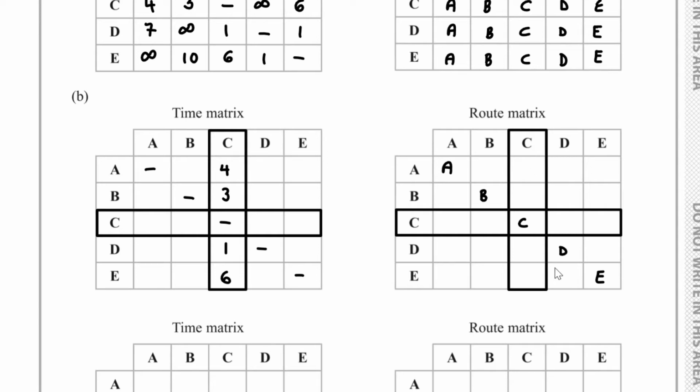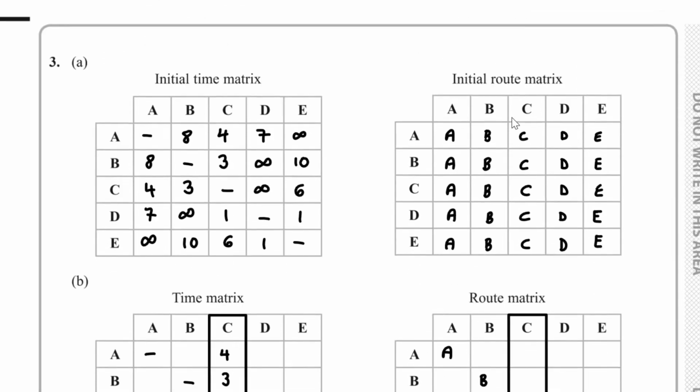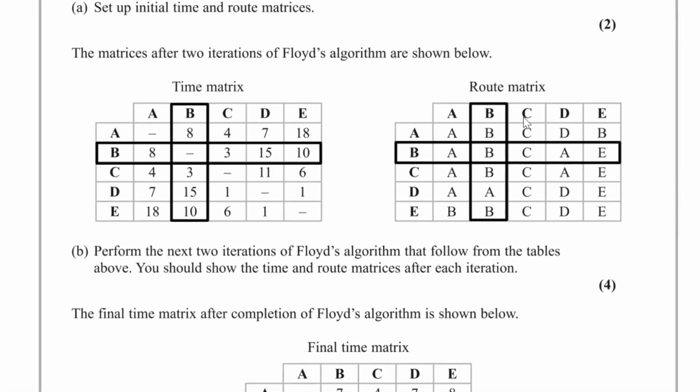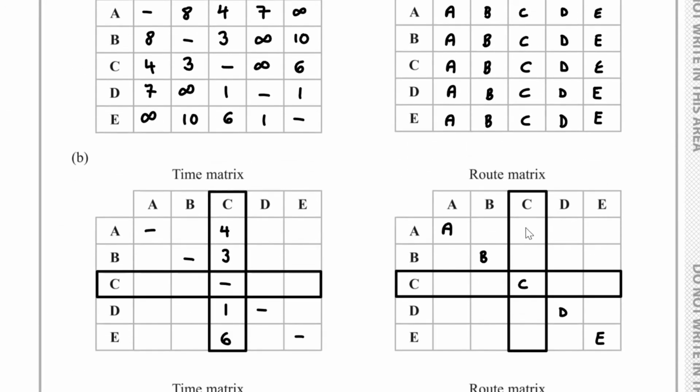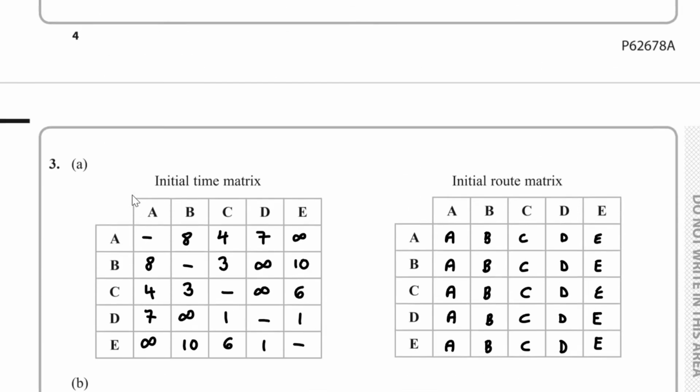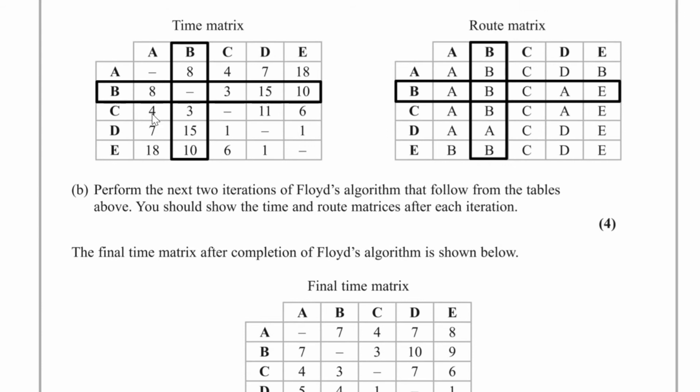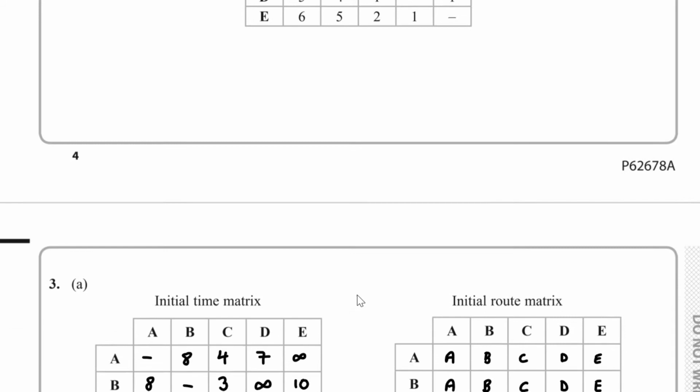The column C for the root matrix will remain the same from the previous iteration, which is all C's. So we have C's going down here. And for the row C for the time matrix, this will remain the same from the previous iteration, 4, 3, 11, 6.